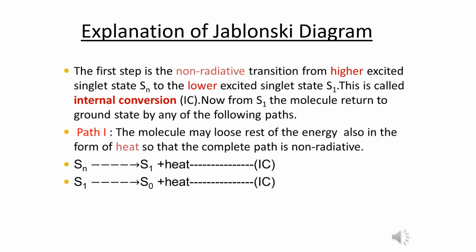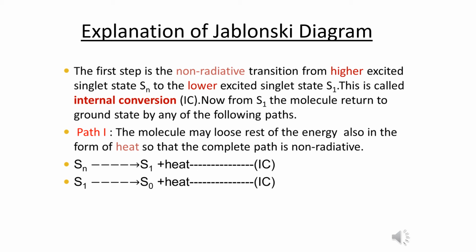This slide shows the explanation of the Jablonski diagram. The first step is the non-radiative transition from a higher excited singlet state, Sn, to the lower excited singlet state, S1, the first excited singlet state. This is called internal conversion, simply IC. Both have the same spin multiplicity and the transition is non-radiative. From S1, the molecule returns to the ground state by any one of the following paths.